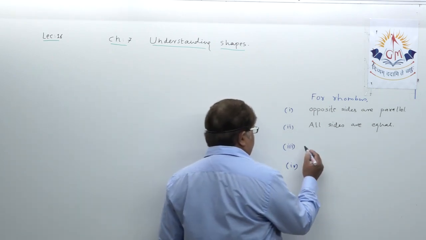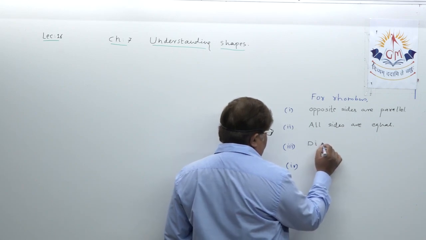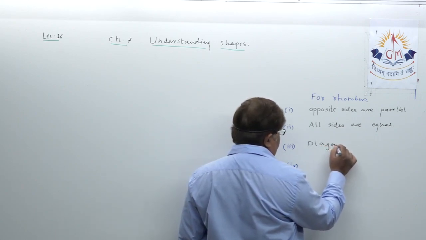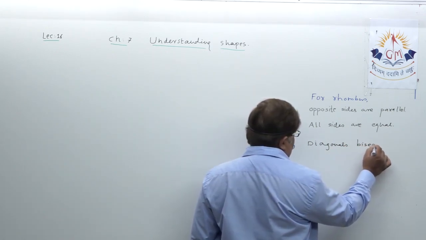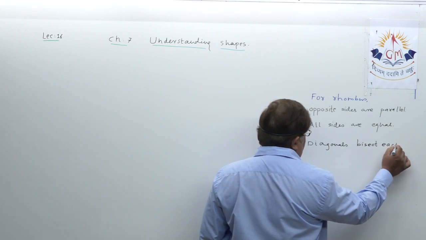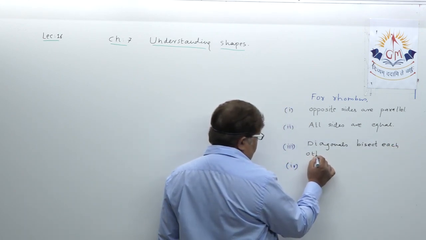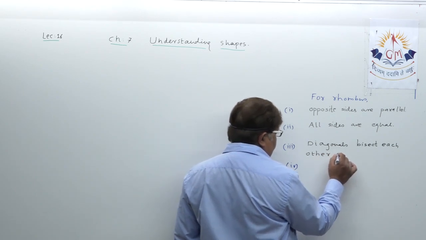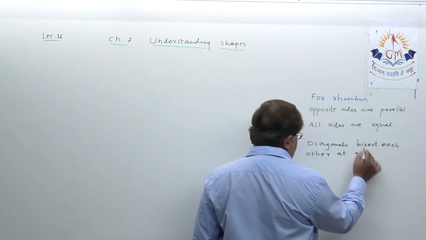Understood? The third property you all know, diagonals bisect each other. Diagonals bisect each other at 90 degree.